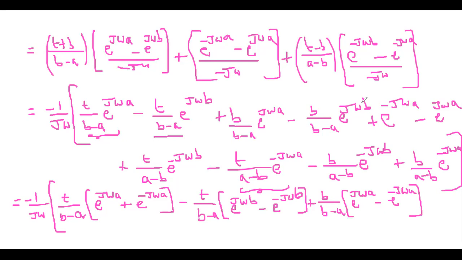Following. Then after these two, not the plus, take the minus directly, minus these two, my dear students, b terms, b by (b − a), you take the common e^(jωb) here. (b − a) means it becomes of plus. Okay.